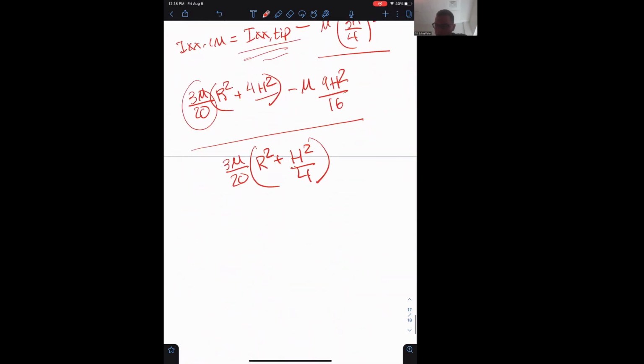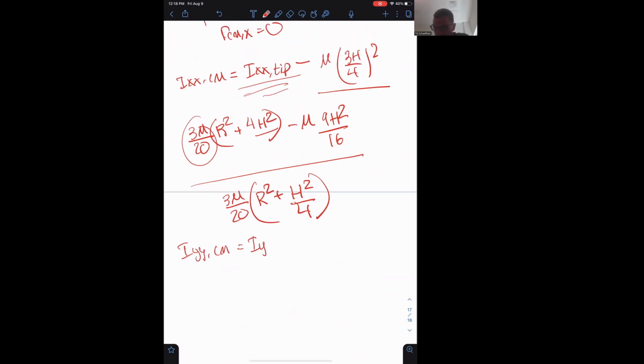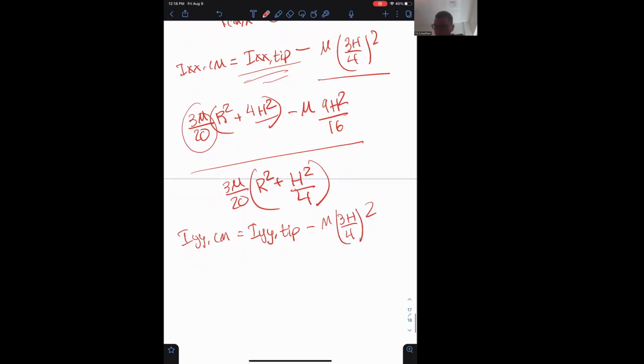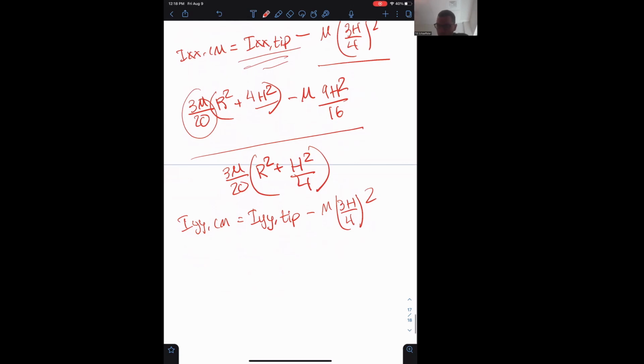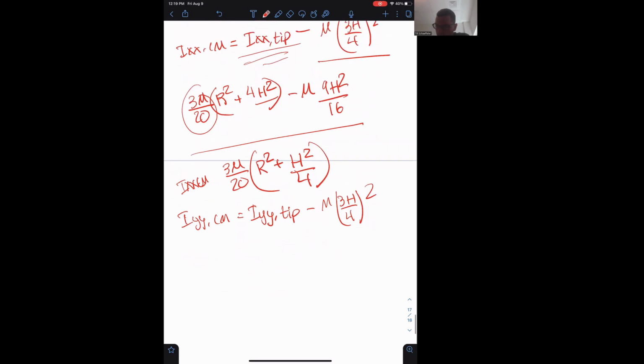So the only other component that's non-zero is going to be yy, which is going to give you the same answer. So it's just the same as before.